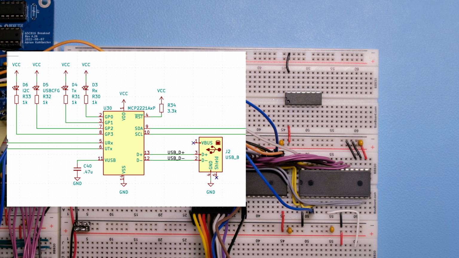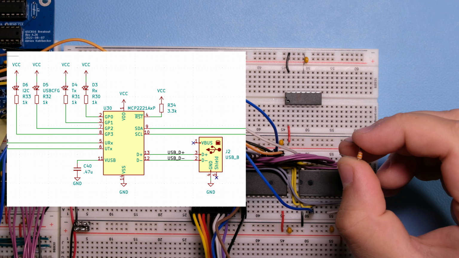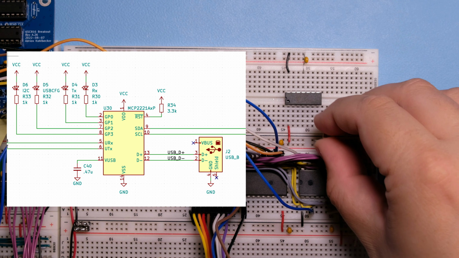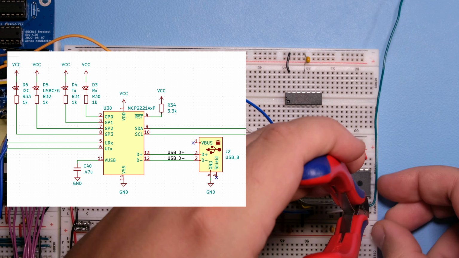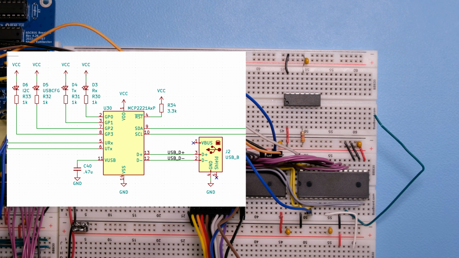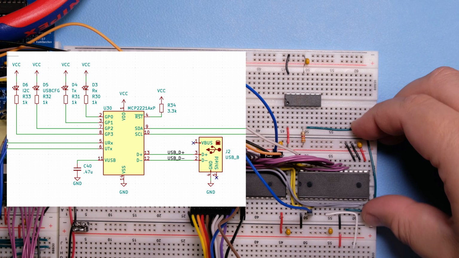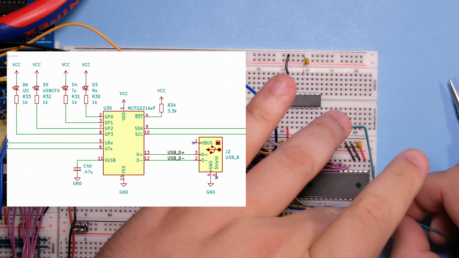Then we need a decoupling capacitor to ground on pin 11. We need a 3.3K resistor to VCC on pin 4. Then pin 5 needs to go to pin 10 on the UART. Pin 6 needs to go to pin 12 on the UART.